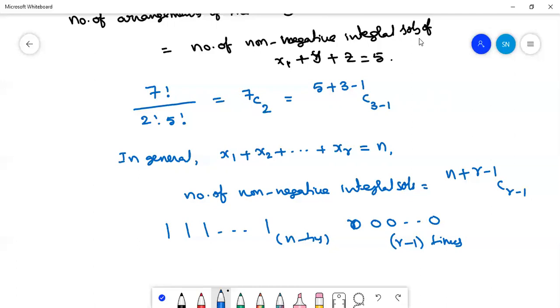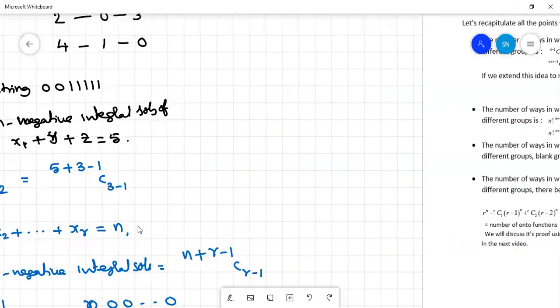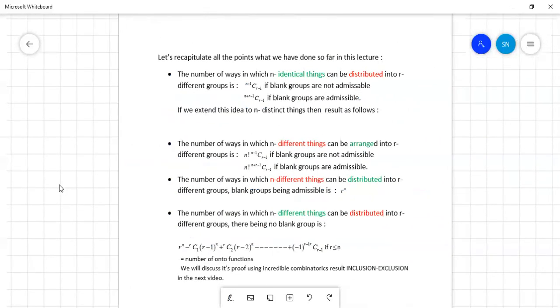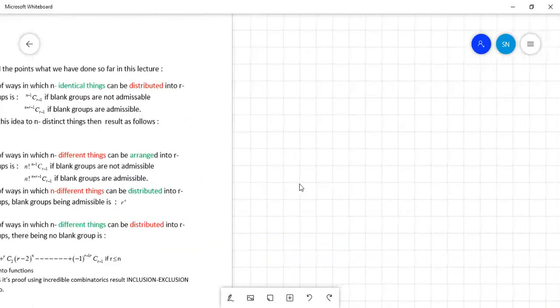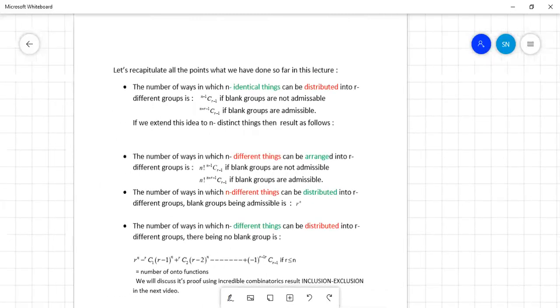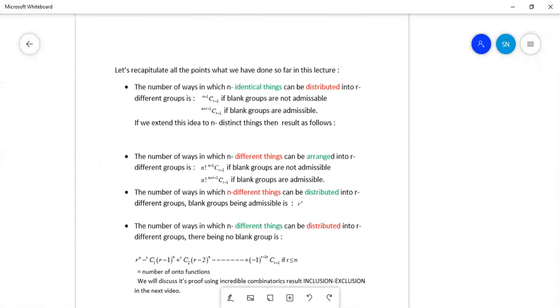So far we have learned the number of positive integral solutions and the number of non-negative integral solutions. The next point is the recapitulation, or mapping this mathematical concept into a general situation.